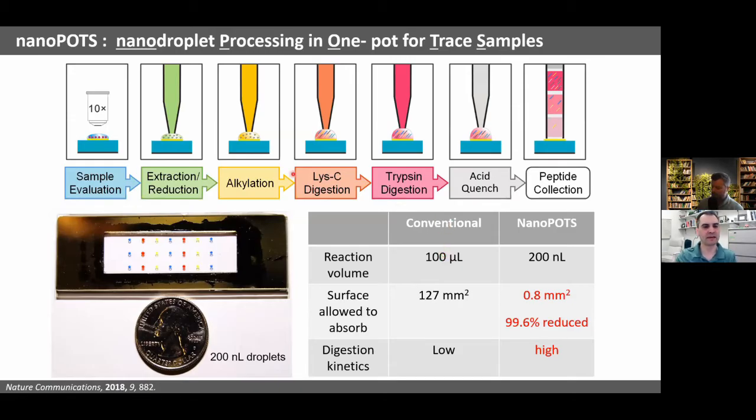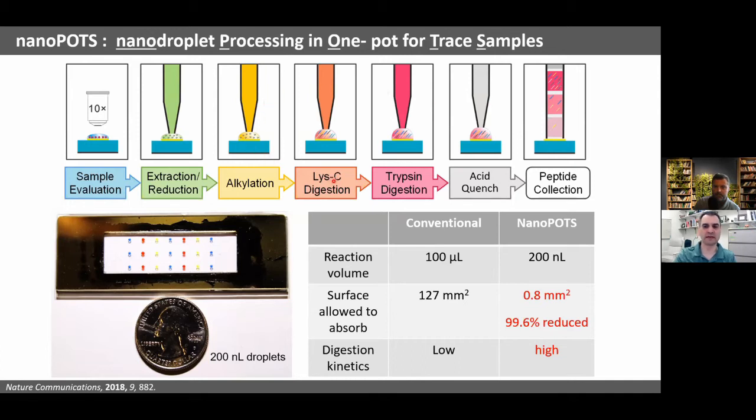And you can see within each one of these little micro patterned nano wells, we're just adding reagents to take our samples through the various steps of proteomic sample preparation: extraction, reduction, alkylation.